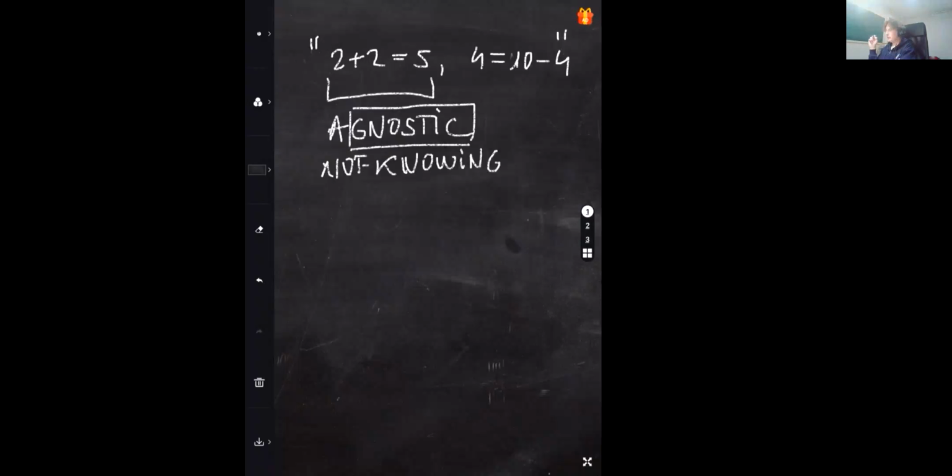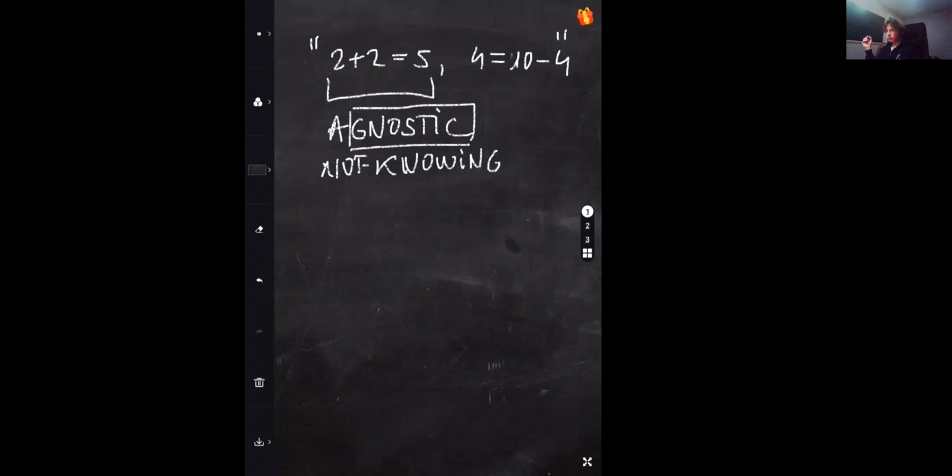This is why, when you are asked, do you believe in God? You say, no, I am agnostic. It's a different thing from being atheist. Being atheist means that you are actually against the existence of God, and being agnostic means I don't know. Okay? So you have to be agnostic about the hypothesis.